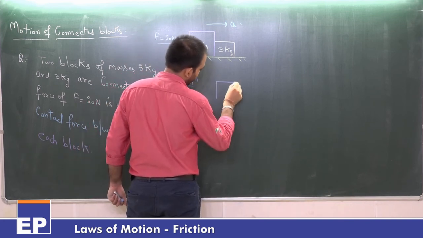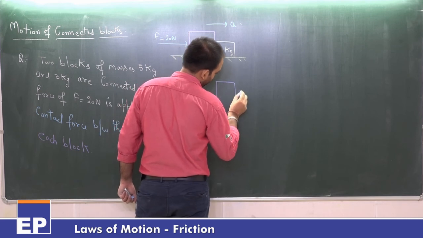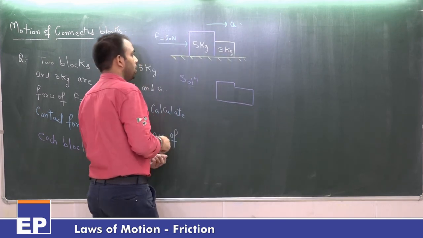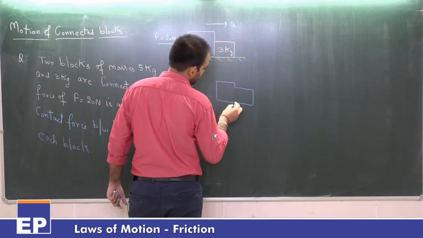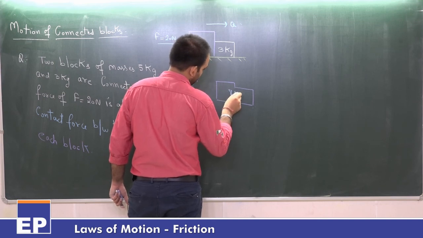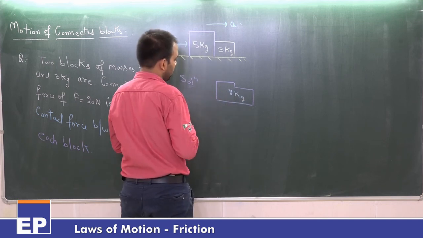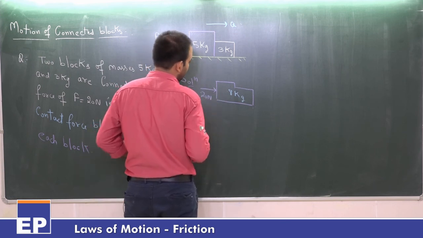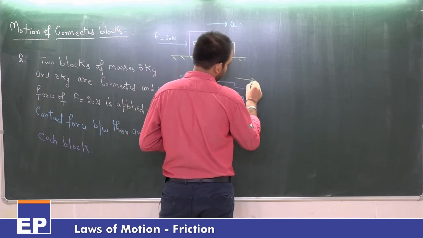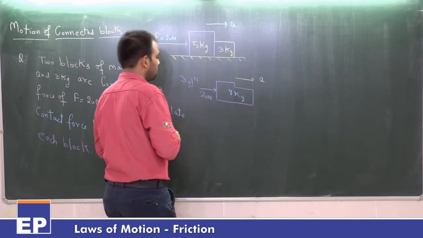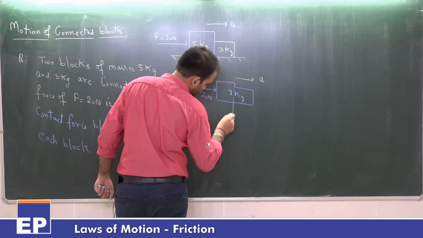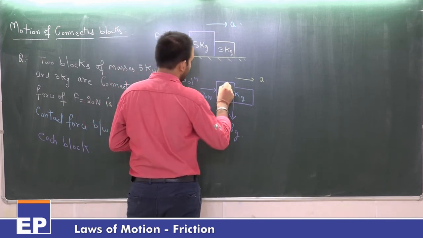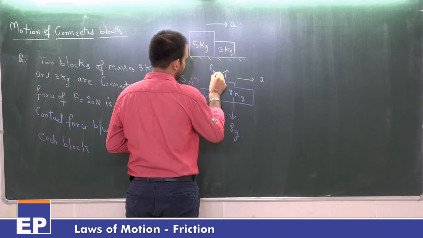You can make one free body diagram that is a combined free body diagram. Combined, it will act as 5 plus 3, 8. In the horizontal direction, only one force is applied, because the contact force between them becomes an internal force. And it is moving with A. If we look at the vertical, there is 8g applied in this direction, and there is the total normal reaction applied in the vertical direction. This is Fn.